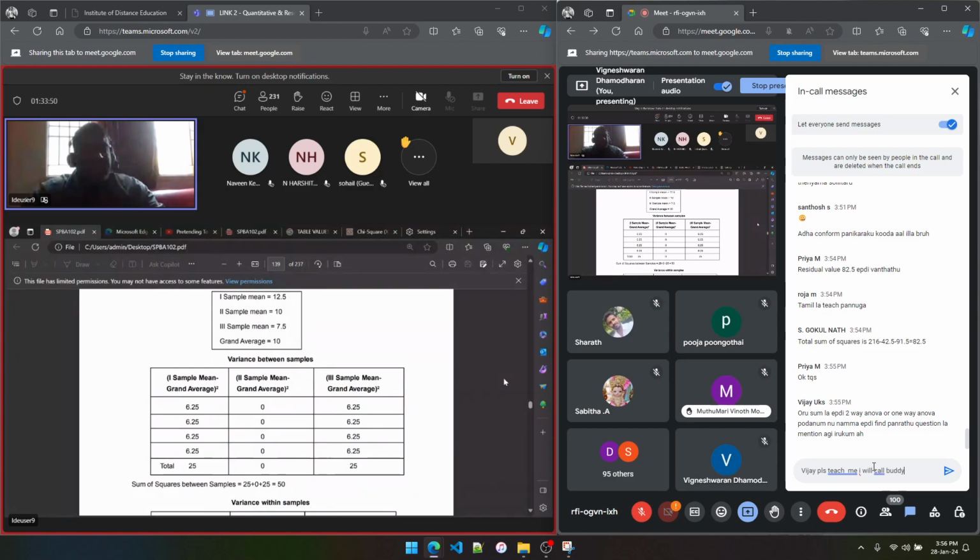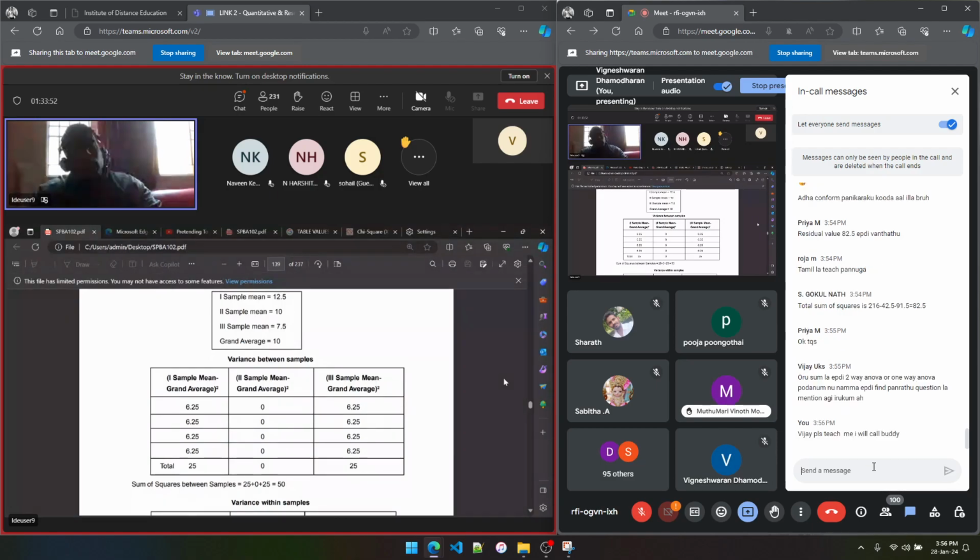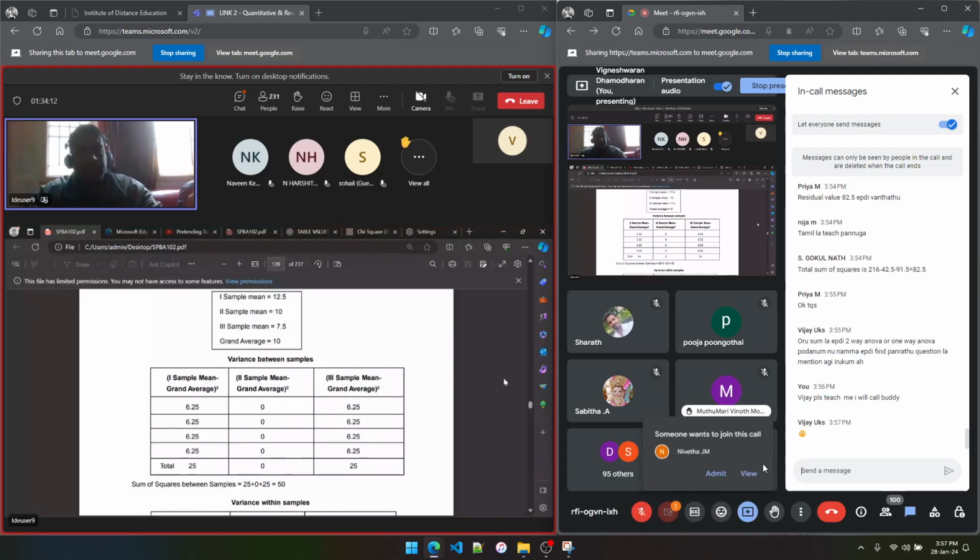Therefore, 12.5 minus 10, the difference is 2.5. That should be squared, I mean, multiplied 2 times. Therefore, 6.25. Likewise, you have to calculate the other things. Therefore, the total is 25.